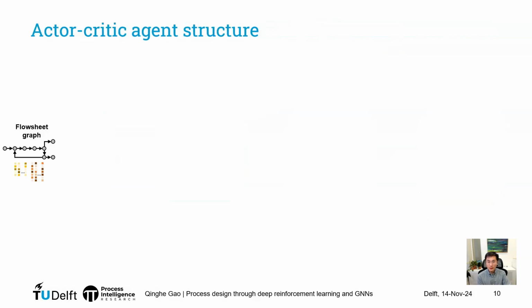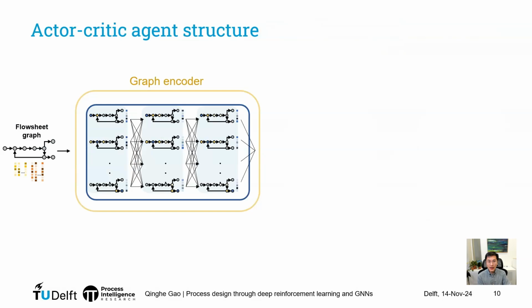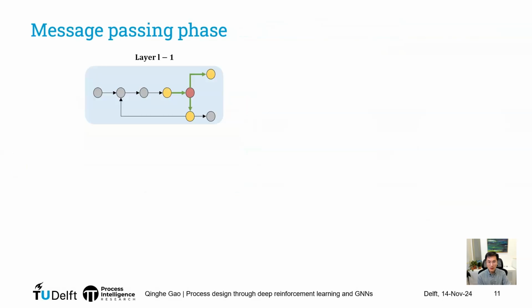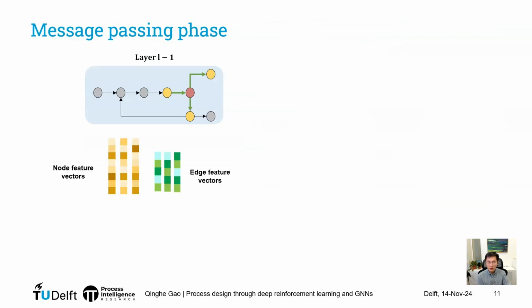Here we first utilize a graph neural network to process our flowsheet graph. The key mechanism inside the graph neural network is called message passing. We take one node as an example, colored in red. First, all the node and edge features from the neighbors are aggregated into a single message vector.